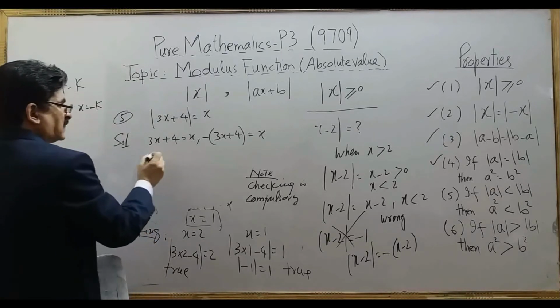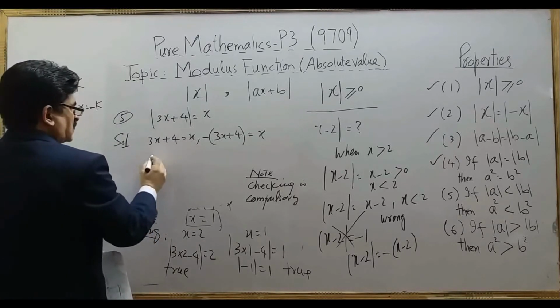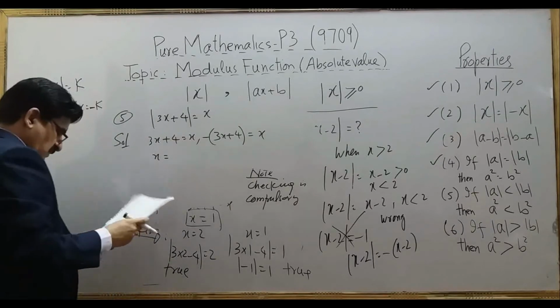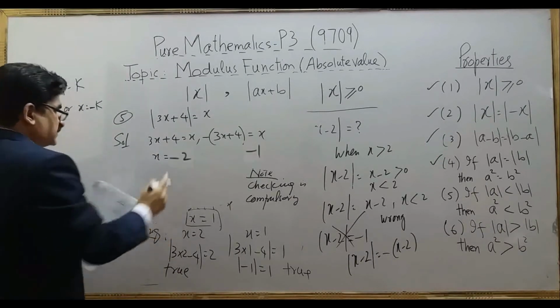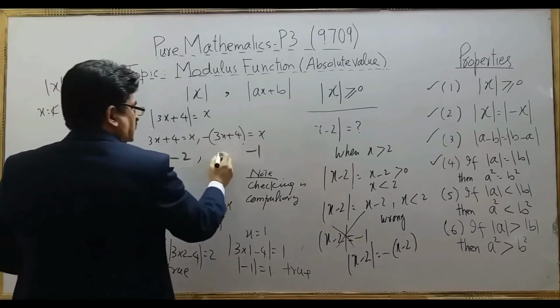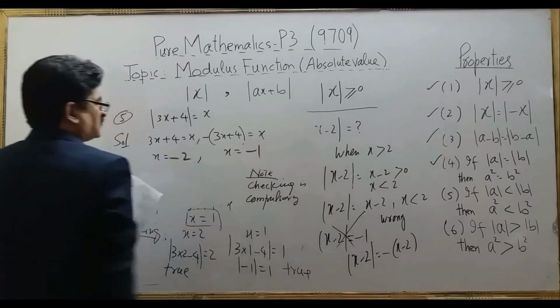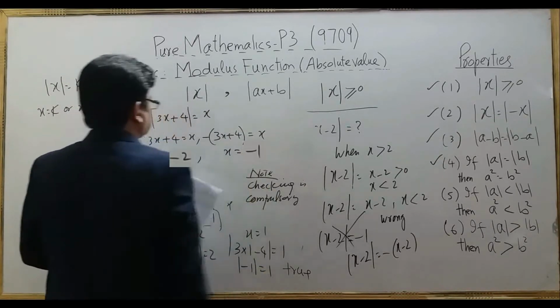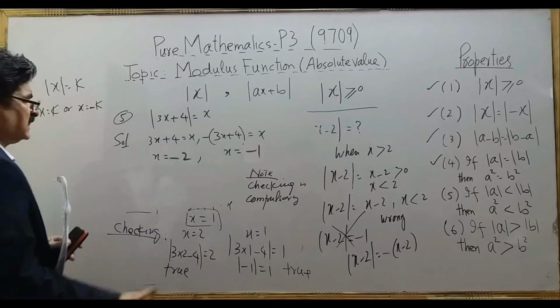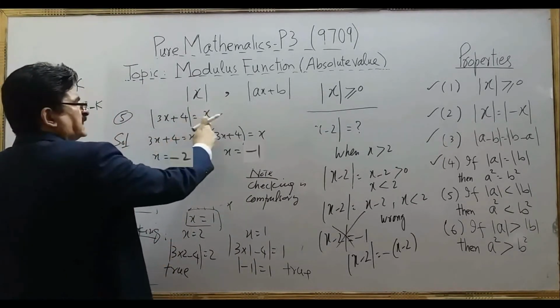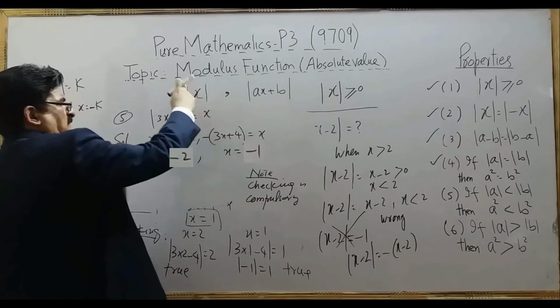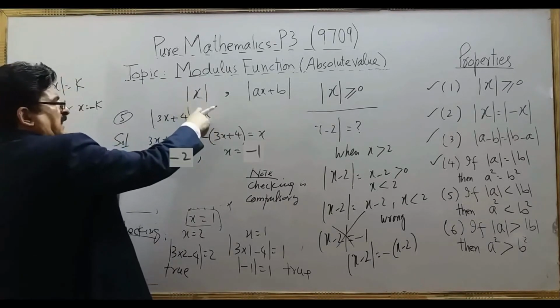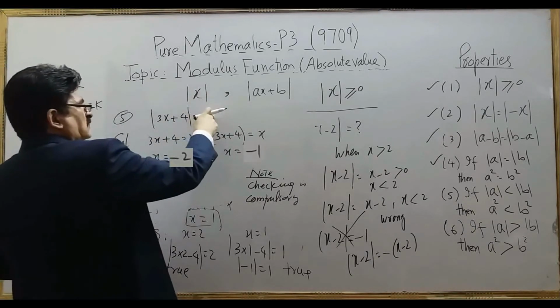So solving this, you will get x is equal to minus. Obviously the right hand side doesn't involve a modulus sign. Here is no modulus sign. So how can this be equal to this?